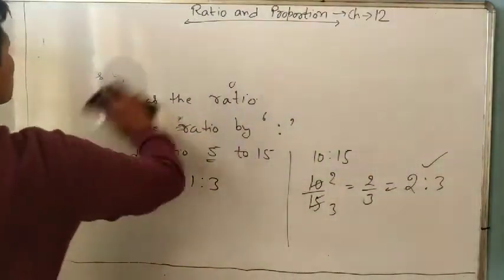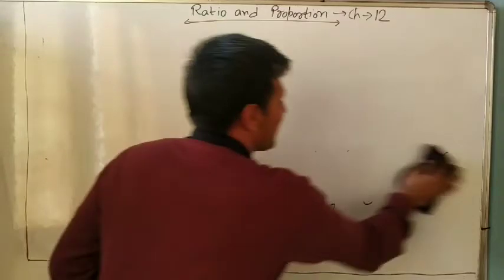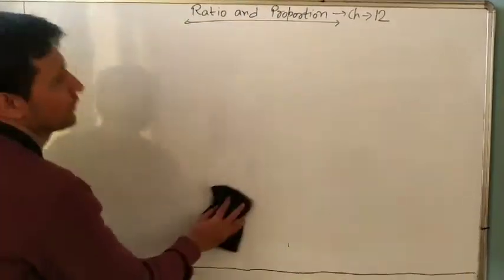So it is called a ratio. What is ratio? Ratio is the comparison of two quantities. Okay?